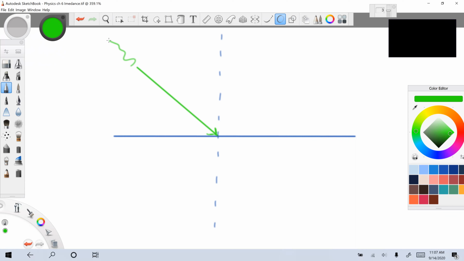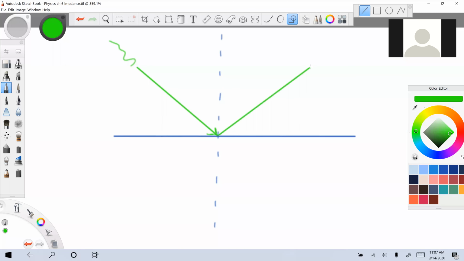So here's a question for you guys. I think we could all agree that this is going to reflect more or less like that, right? And we'll go ahead and draw there, and there's our pulses going away. Reflected intensity.